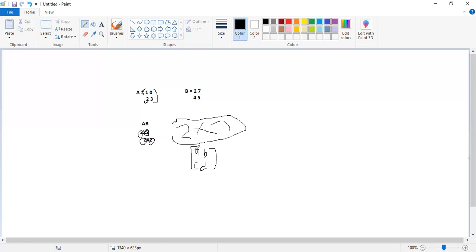So now, to find A, that's first row, first column, you pick the first row of the first matrix, that's 1 and then 0, and you pick the first column of the second matrix, which is 2 and then 4. That would give us the position of this A. So how do we find A?